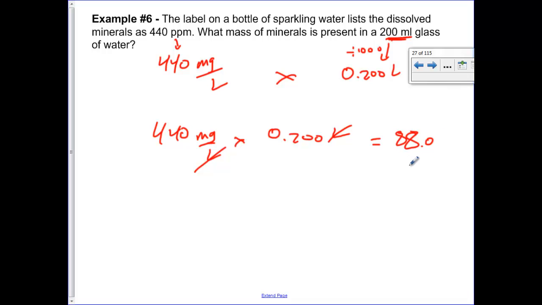It's actually 88.0. Why 88.0? Good. You need 3 sig digs. This has 3 significant digits. This has 3 significant digits. The 88 your calculator tells you only shows you 2. So you've got to make sure you add a 0 on. So you'd get that many milligrams. Or I guess you could write it as 0.0880 grams if you wanted to.